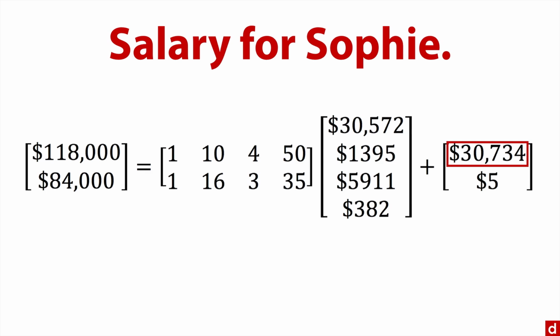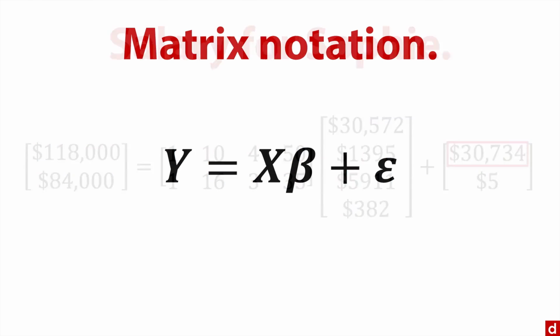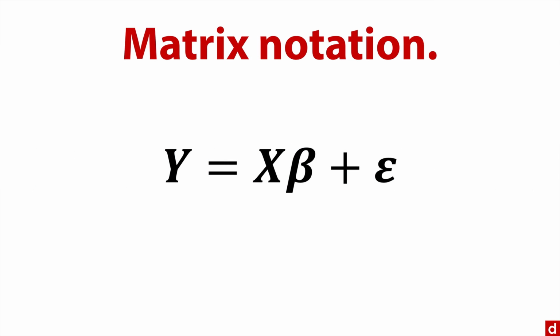But what's neat about matrix algebra or linear algebra is that you can use matrix notation. And this means the same stuff. What we have here are these bolded variables that stand in for entire vectors or matrices. For instance, this bold Y stands for the vector of outcome scores.